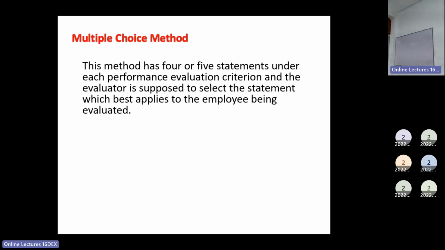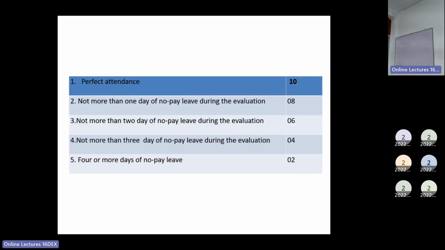Which is better, perfect attendance or attendance with 1 day no pay leave? Perfect attendance is better. So the marks allocated should be lesser than for perfect attendance. If you give 10 marks for perfect attendance, with 1 day off you can give 8 marks. Likewise, you can develop several statements: attendance with not more than 2 days of no pay leave, not more than 3 days, 4 days, and so on.